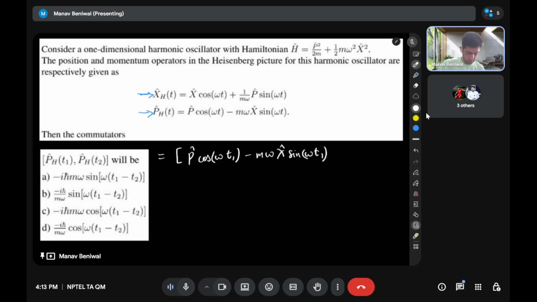So this is the first term, and comma, p cos omega t2 minus m omega x sine omega t2, right? So this is the second term. I have just written the value of the momentum operator for two times, t1 and t2.